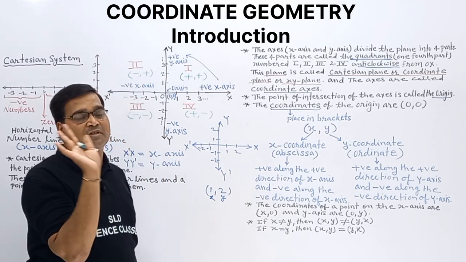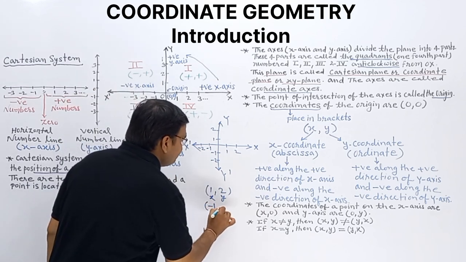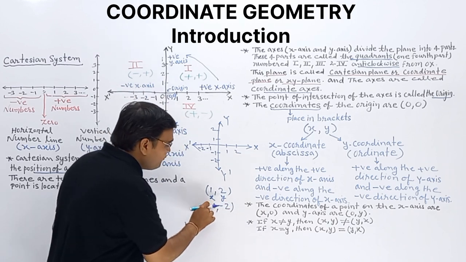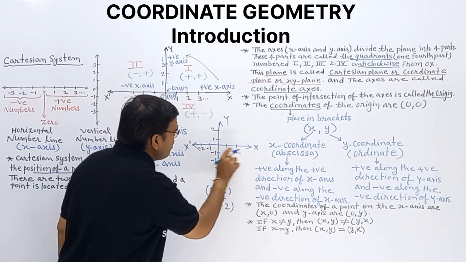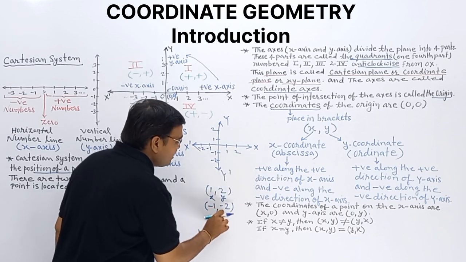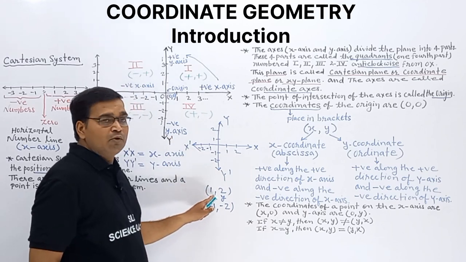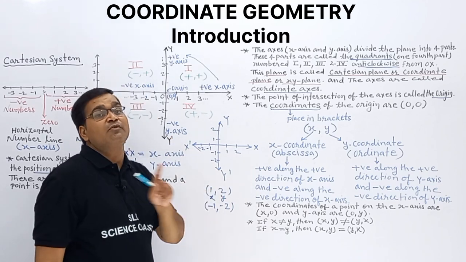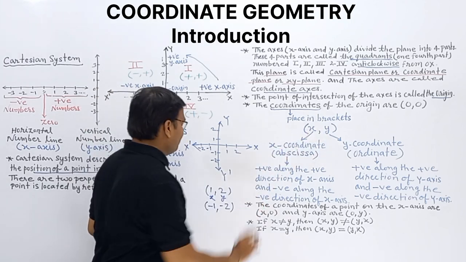Clear? You will follow this process. If there is minus 1, minus 2, then minus 1 is on the x axis and minus 2 is on the y axis. So for the first number you observe the x axis, and for the second number you observe the y axis. Clear? X comma y.